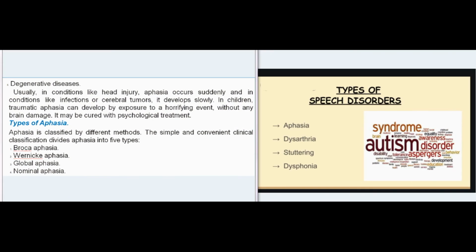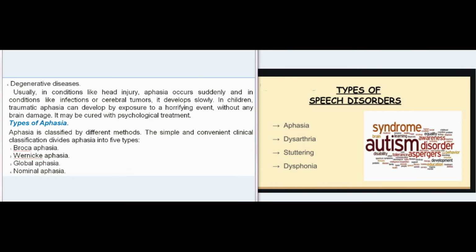Usually, in conditions like head injury, aphasia occurs suddenly, and in conditions like infections or cerebral tumors, it develops slowly. In children, traumatic aphasia can develop by exposure to a horrifying event, without any brain damage. It may be cured with psychological treatment.